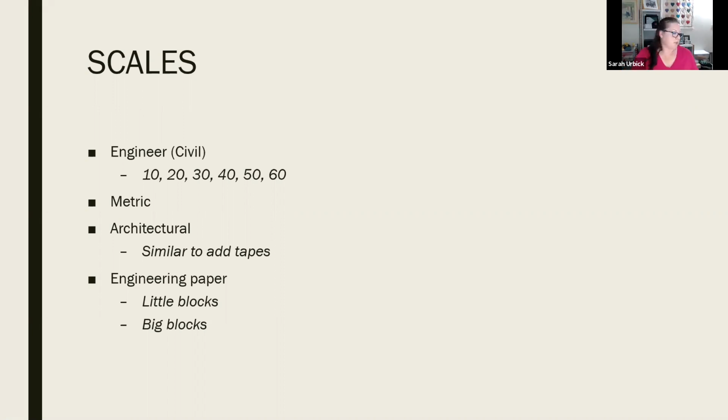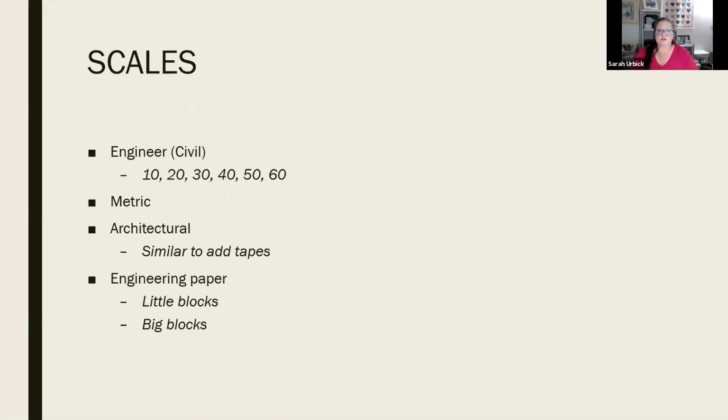Engineering paper. There's a reason we advocate getting the engineering paper. Yes, now that Joanne's gone, I can say I'm okay with graph paper. But the thing about engineering paper, you've seen this green stuff before. It might be hard to see, but on the back side of each page is this much denser grid, right?